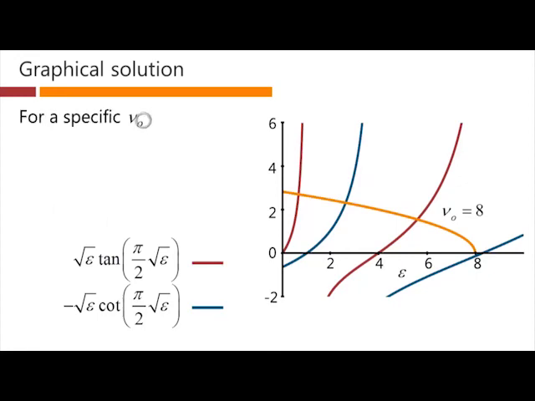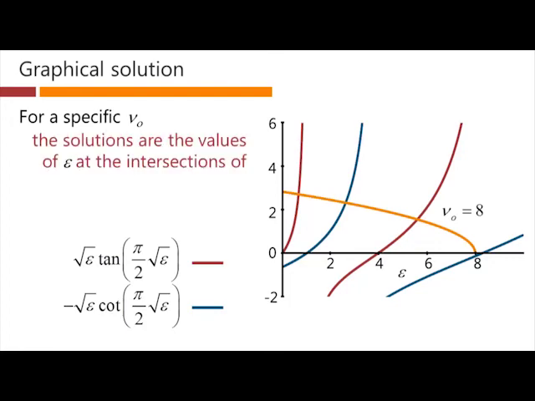Now, for a specific nu naught, such as nu naught equals 8 here, the solutions of our problem, the eigenenergies, are the values of epsilon at the intersections of this curve, the square root curve, and these 2 curves here. So explicitly, one of those solutions, one of these intersections, is for epsilon equal to 0.663.